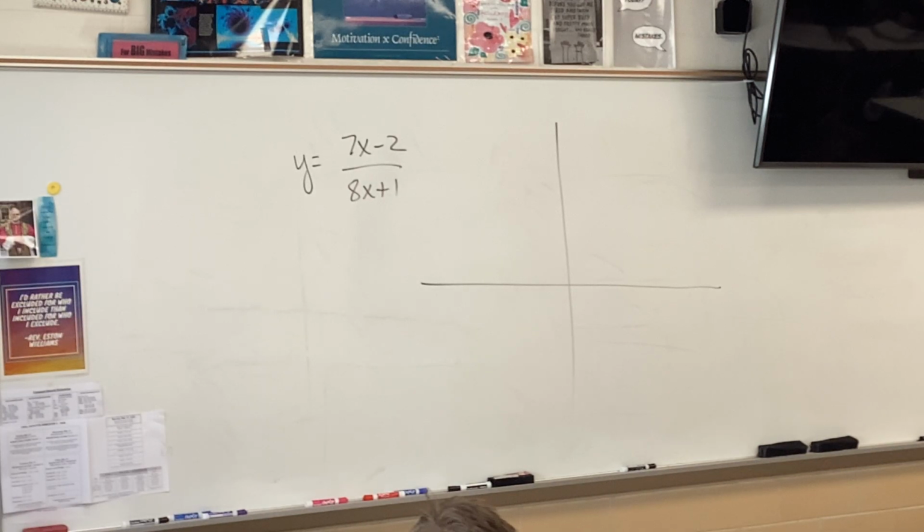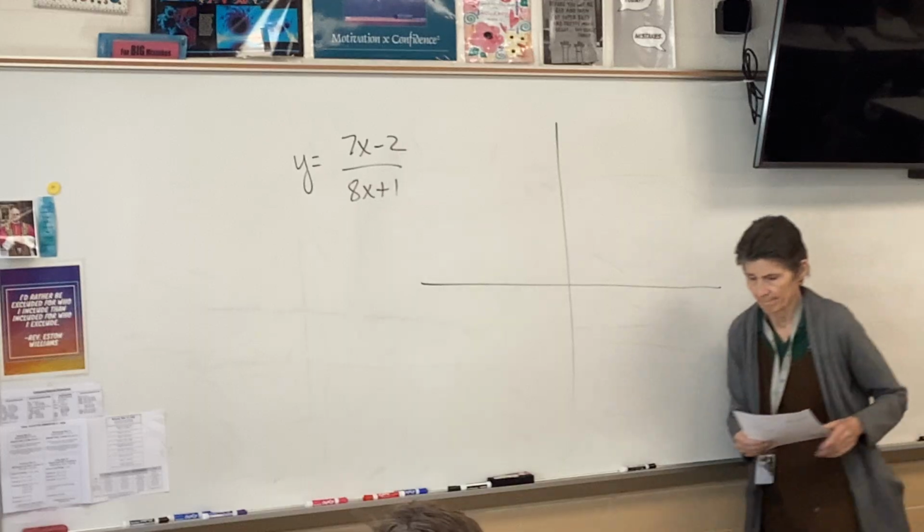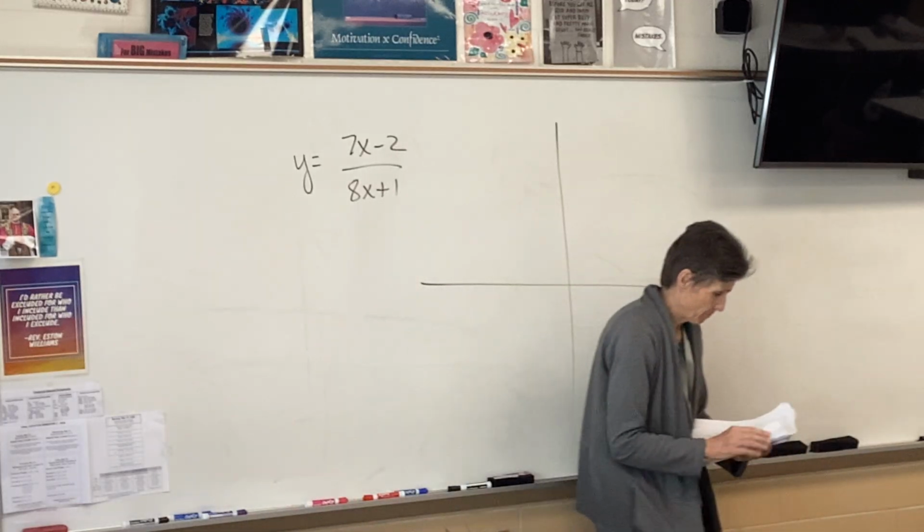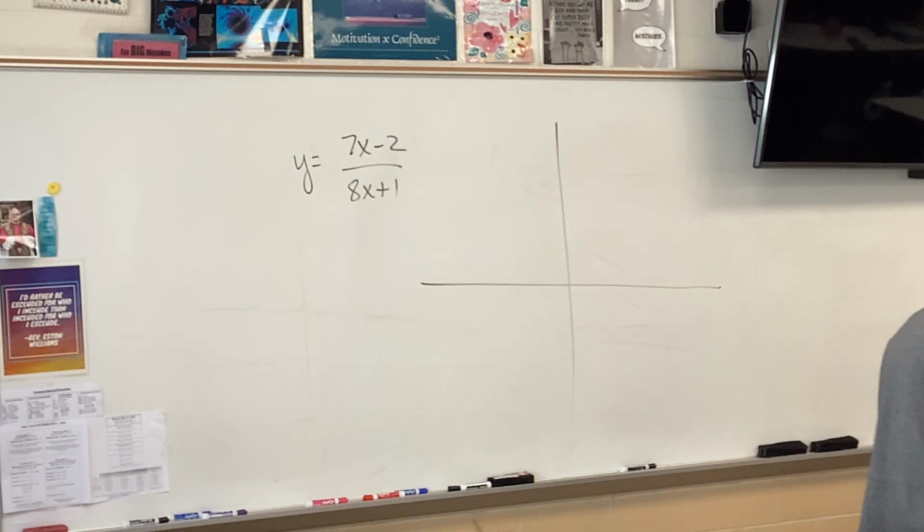I subtracted 1 and divided 8. I think that's what we did. Oh, I reversed that. Is that what you got? Yeah, I didn't even see the answers. Need somebody to put it on the board. I don't know if I'm confident enough or not.